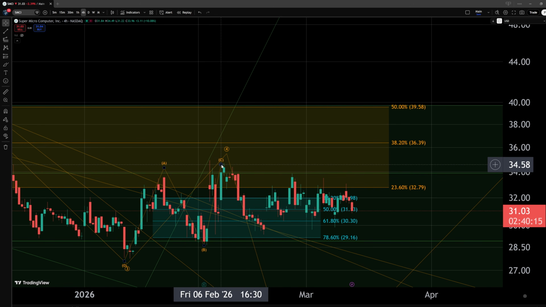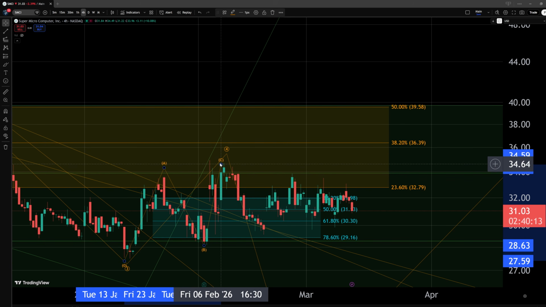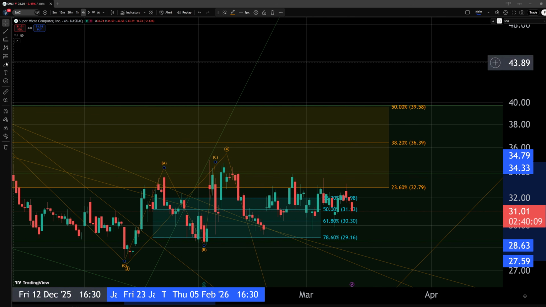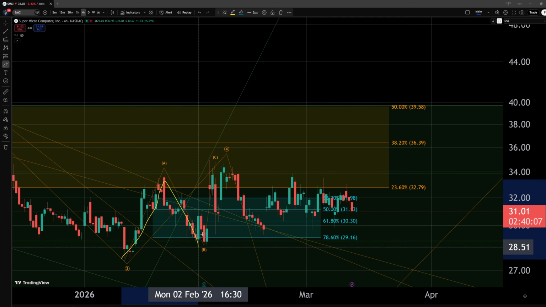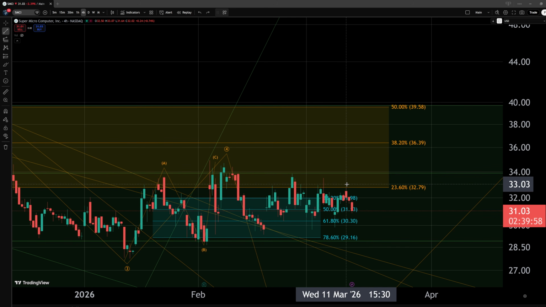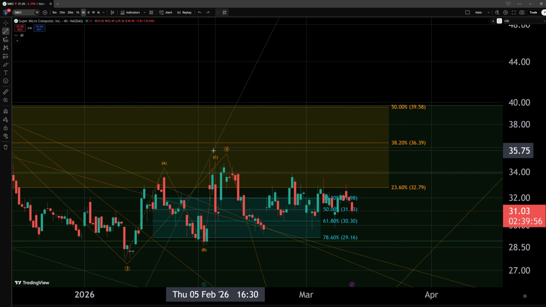So within this pattern, we have a couple of options at the moment, and we have still held our area of support since building this as an A, B, C structure. But we have noticed that we have continued making lower highs and higher lows at the same time.